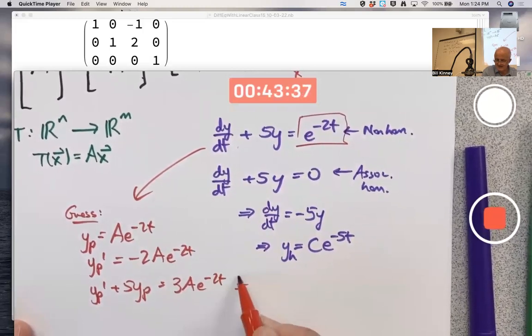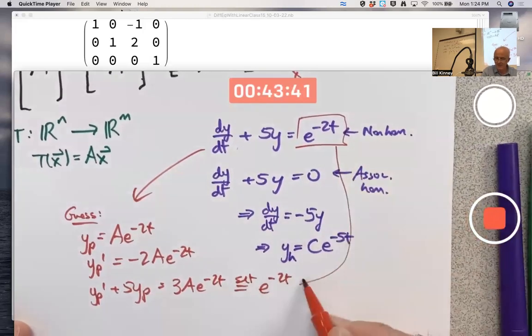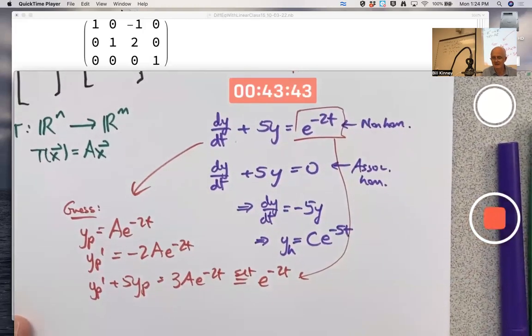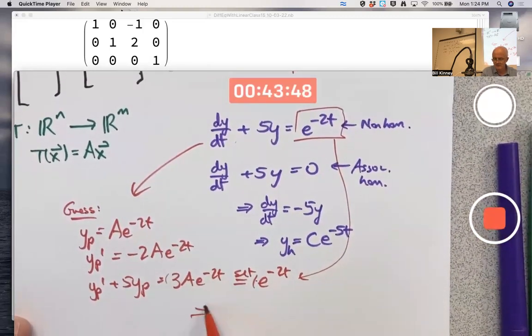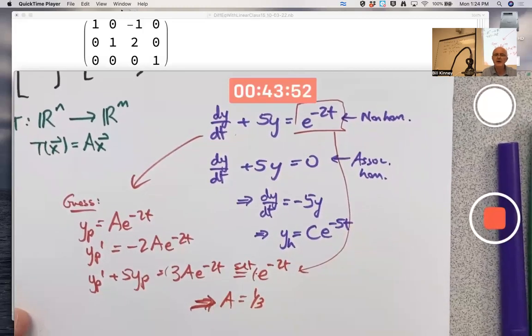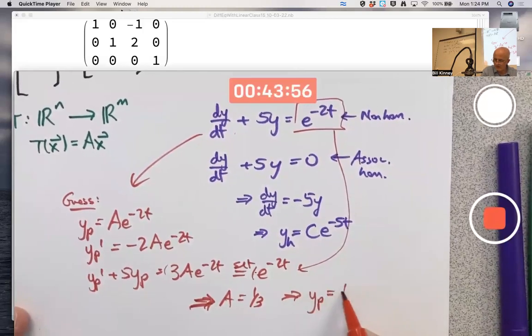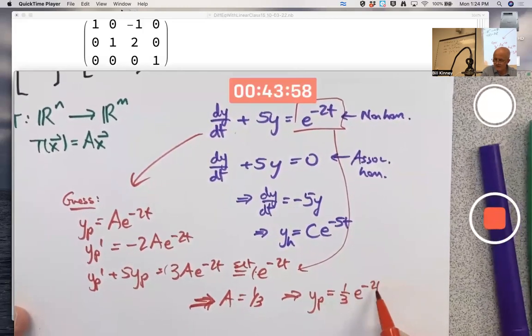I want to set that equal to the right-hand side. I want those to be equal for all t. So 3a has got to equal 1. So a is 1/3. So YP is 1/3 e to the negative 2t.